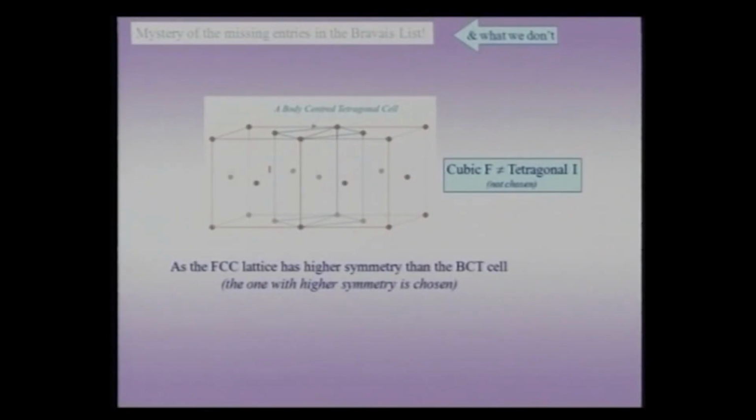In other words, the lattice has 4 3-fold axes, which can be generated starting with 2 3-fold axes, and therefore I would like to make a unit cell choice, or a description of the lattice in terms of a unit cell, which has that kind of a symmetry, and therefore I will not make a choice of a unit cell which is the one shown here, which is a tetragonal unit cell which has just 1 4-fold axis and no 3-fold axis.